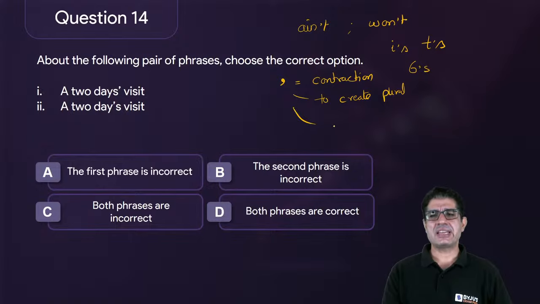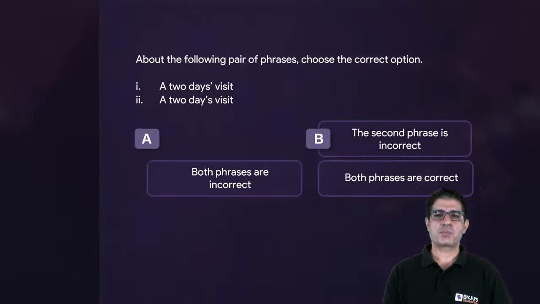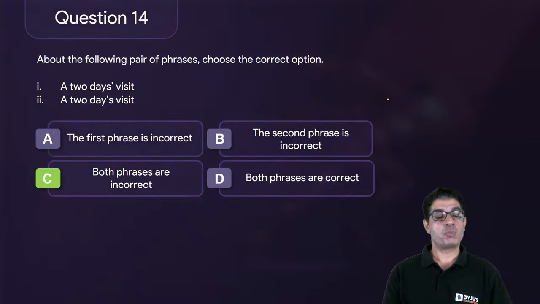And then finally, it is used to show possession. Remember that ownership, right? This is Ravi's book. Fair enough. Now, in this case, the answer should be both are incorrect.